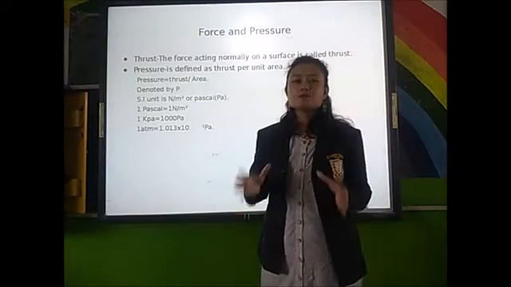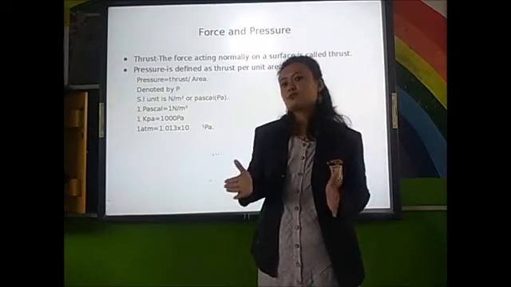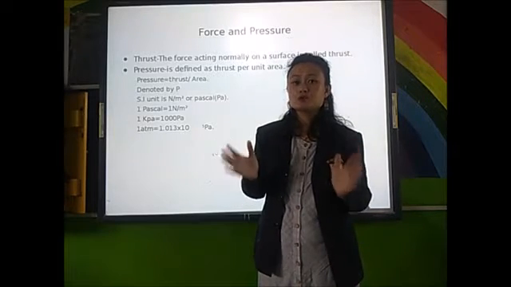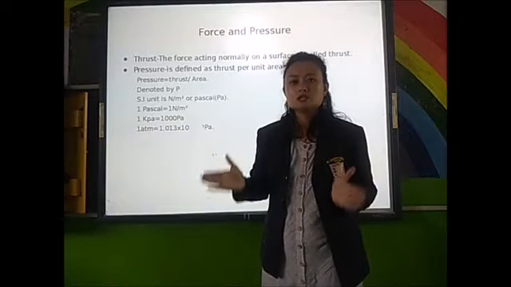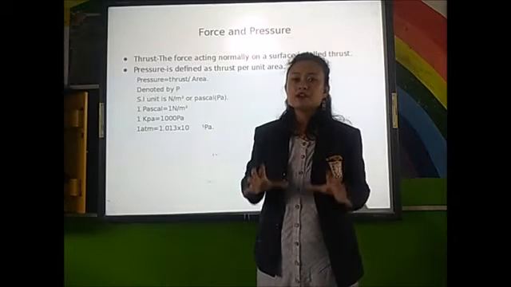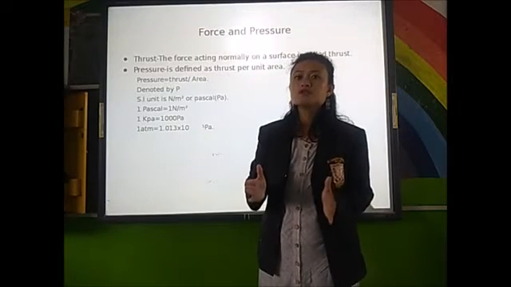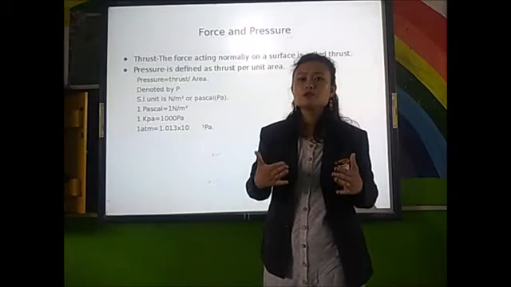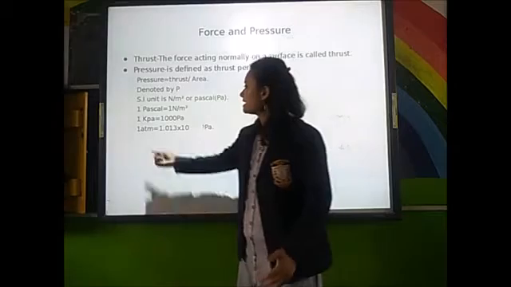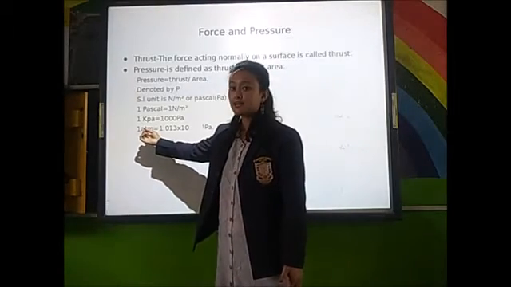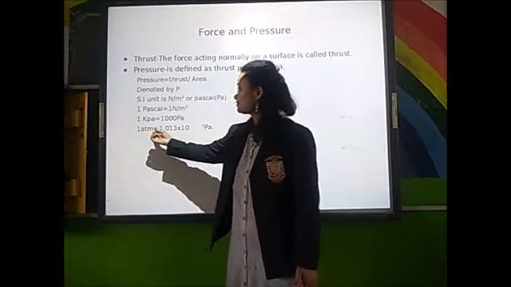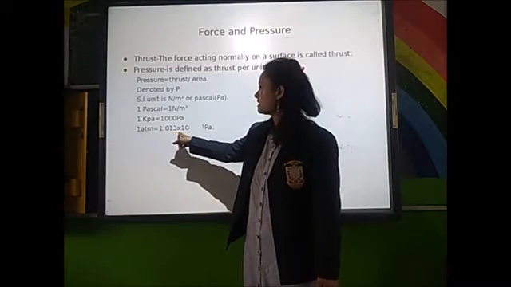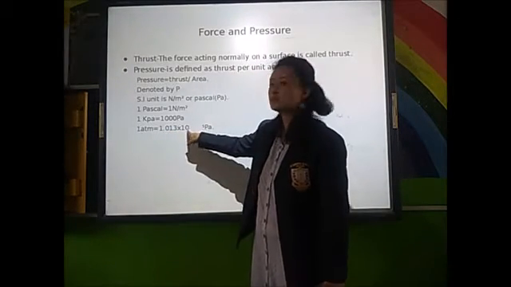Now, the atmospheric pressure, you know what is atmospheric pressure, right? Pressure exerted by the atmosphere on the surface of the earth. When we are measuring atmospheric pressure, we don't use Pascal, we use the unit atm, that's atmosphere. So 1 atmospheric pressure is equal to 1.013 into 10 to the power 5 Pascal. Sorry, there was some error here, it's 10 to the power 5.